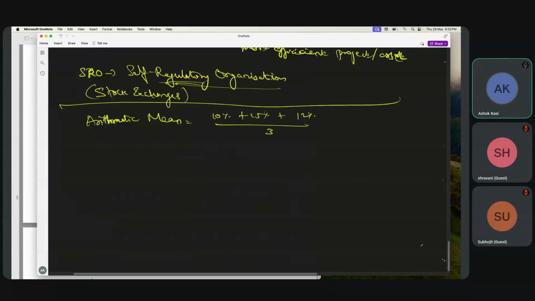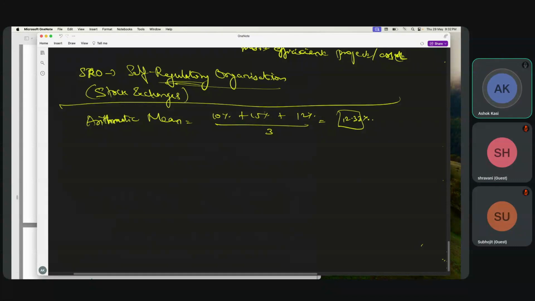You will add, divide by 3, it will give you arithmetic return. Just add all these and divide by 3. 10 plus 15 plus 12 divide by 3. 12.33.